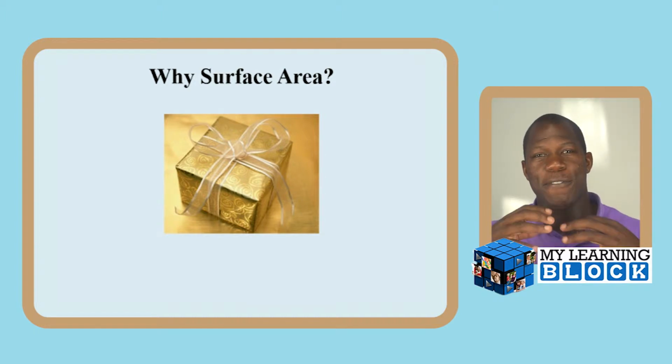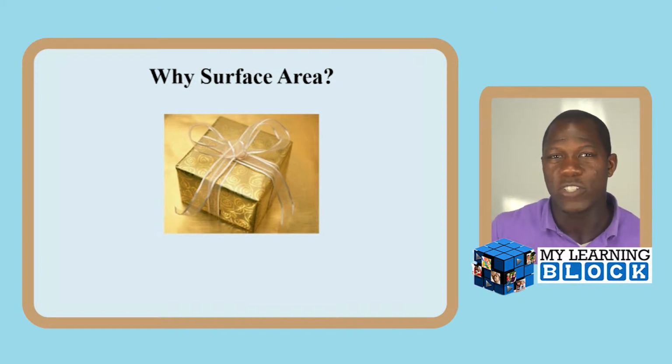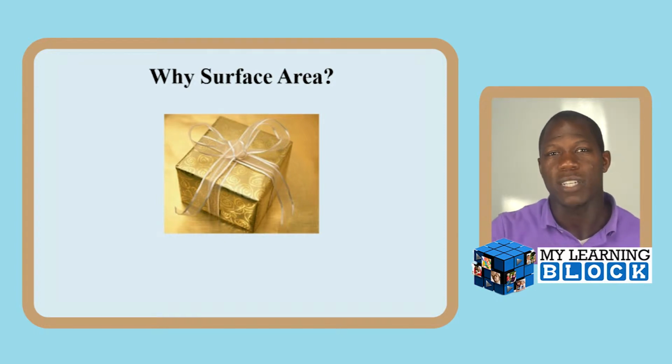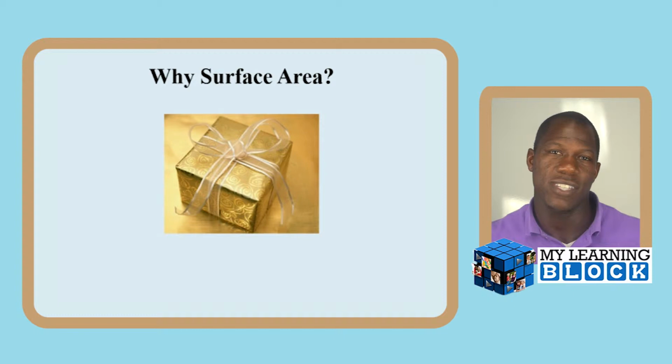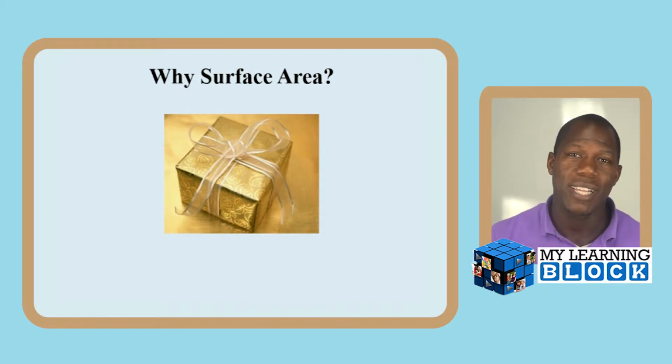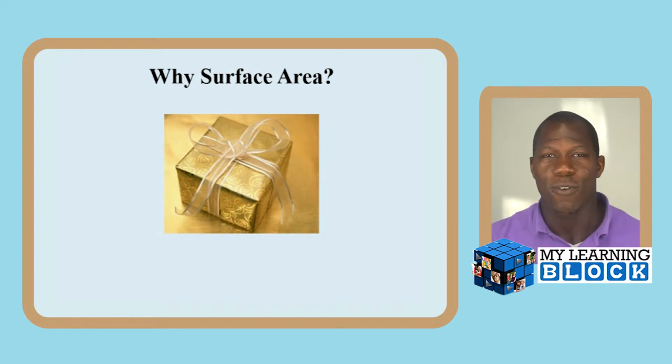And so if I had realized my understanding of surface area, then it would have been a lot easier because I could have just simply measured out and said, hey, I'm gonna need this much for this area and this much for this area, and then put it all together and you're great. So surface area helps a lot when it comes to wrapping things.